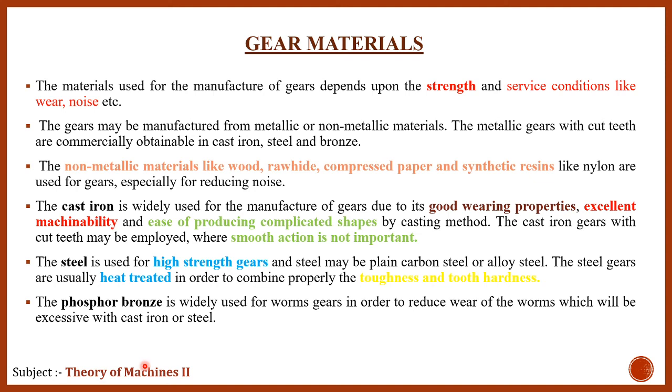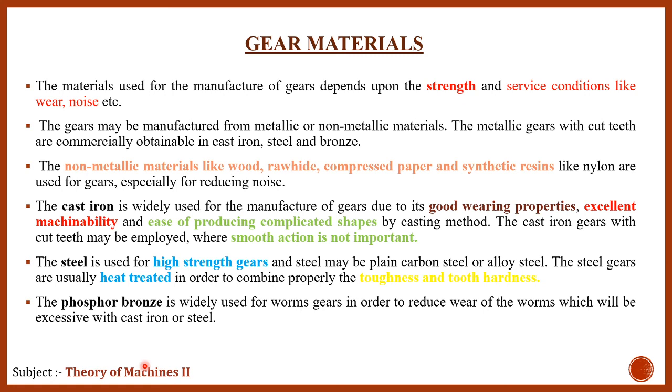Again, among the metallic materials, we use cast iron, which has low cost, is capable of producing complicated shapes, and has excellent machinability and good wearing properties. That's why it is the best option for gear manufacturing. For high strength gears, we use steels, stainless steel, or mild steel.